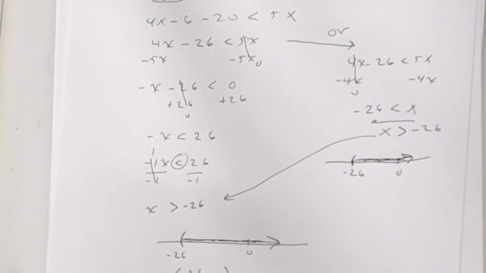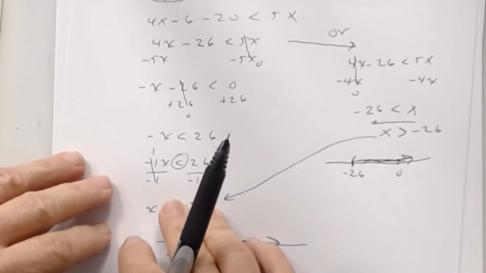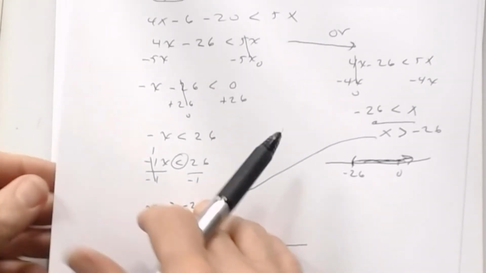All right, so we're going to do one more with a fraction. So let's say we had this one. Number 6.